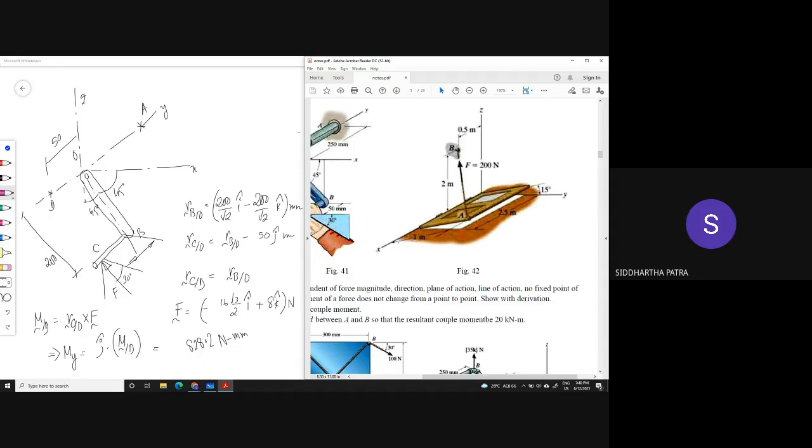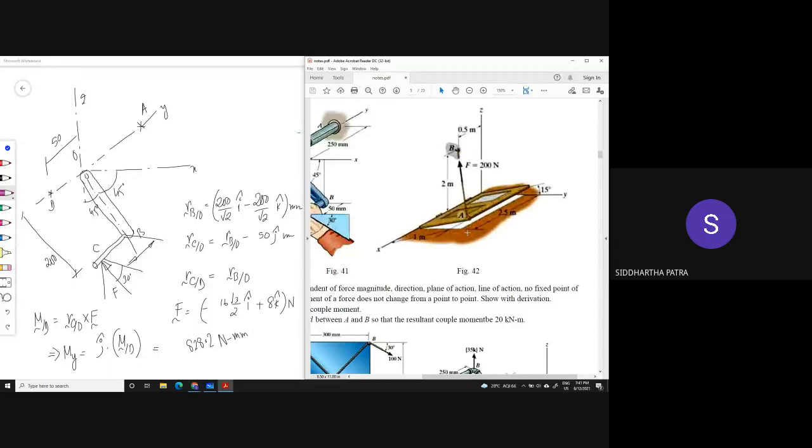By the way, what are the dimensions? The door is tilted by an angle of 15 degrees. You see, the y coordinate of A is not 1 meter. Although this says 1 meter, that is actually the width of the door. But when it is tilted by an angle of 15 degrees with the y-axis, its z component is sin 15 degrees in meters, and the y component is cos 15 degrees in meters.